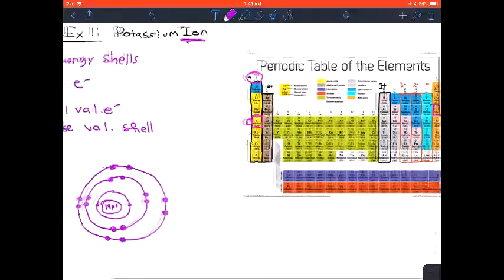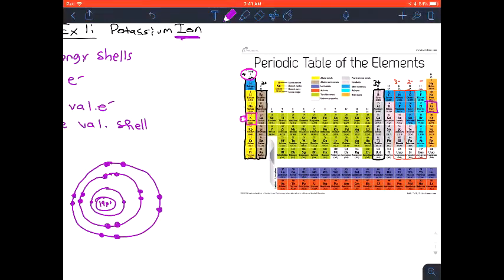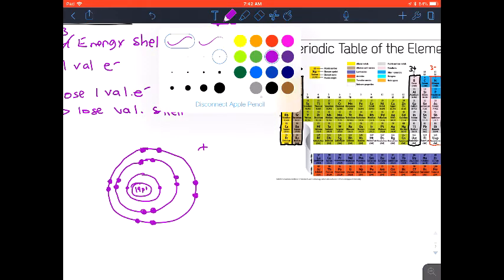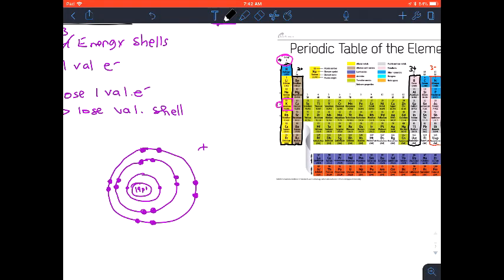So now we have to have in our valence shell 8 electrons. That's what we have here. And now we're taken care of. We don't need to draw the 4th energy shell because there's no electrons present in that shell. The only thing that we need to add now is the charge of this ion, which in this case is positive.